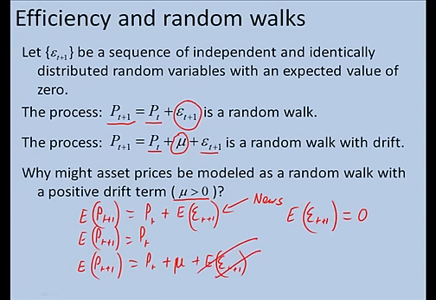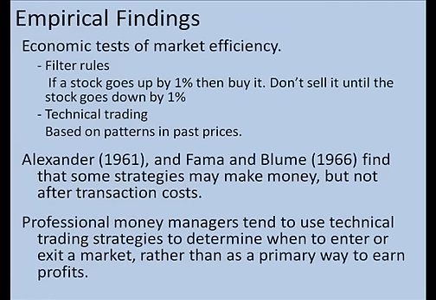Now let's move on to look at the US market in reality. Lots of people have been studying market efficiency in US stock markets, really since the 1960s onwards. The first type of tests that people looked at were economic tests of market efficiency, by which I mean we looked at filter rules or technical trading strategies.